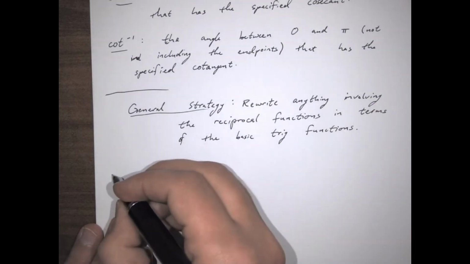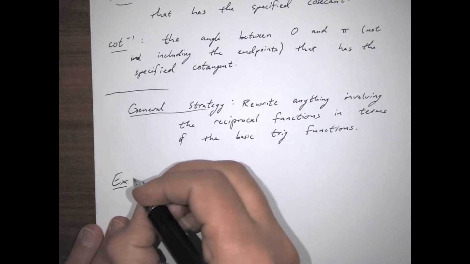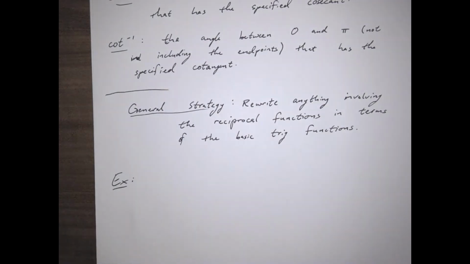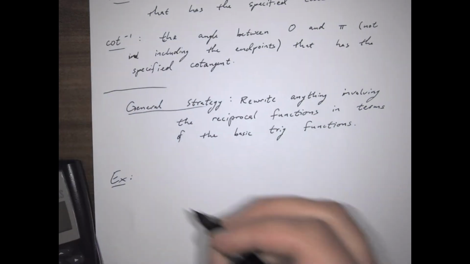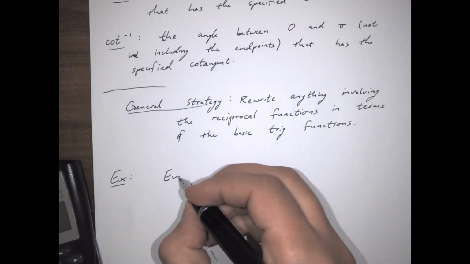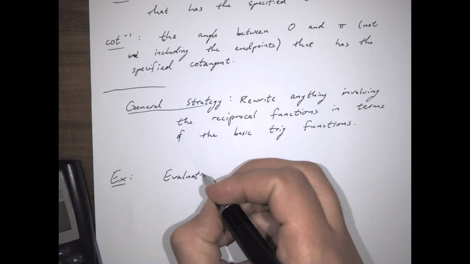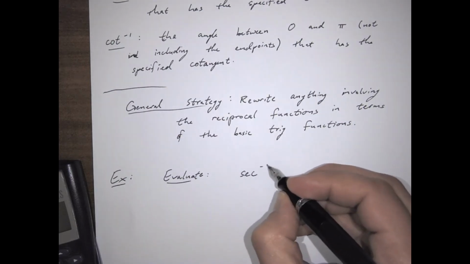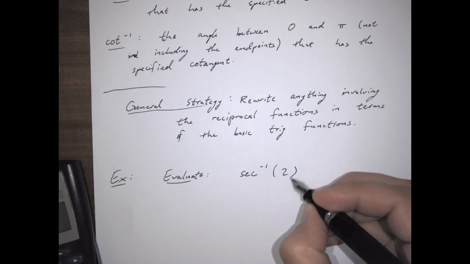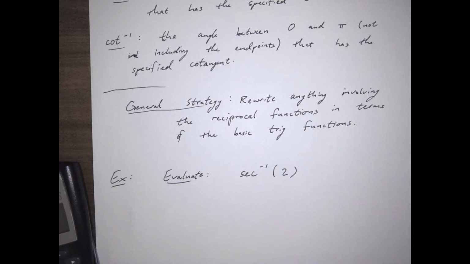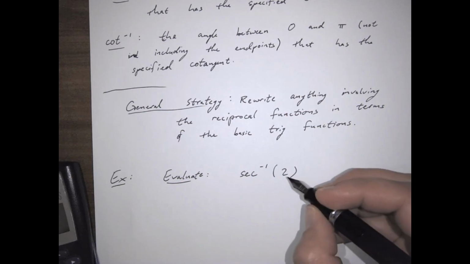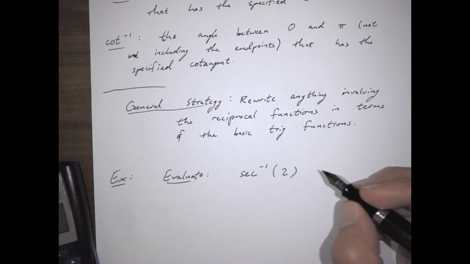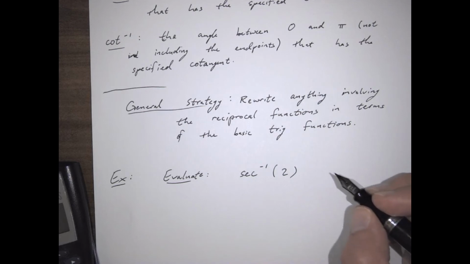So as an example, let's say I wanted to evaluate something like this. Evaluate inverse secant of 2. So if I had said the inverse cosine of 2, then it would be pretty hopeless because that'd be undefined.